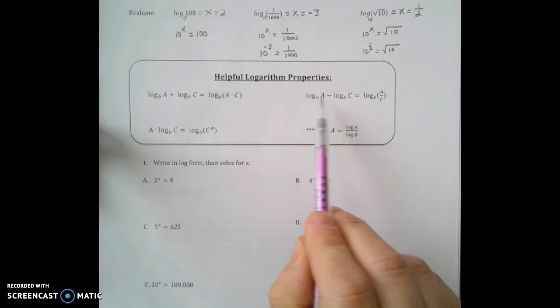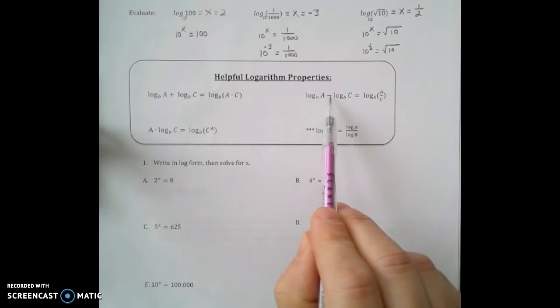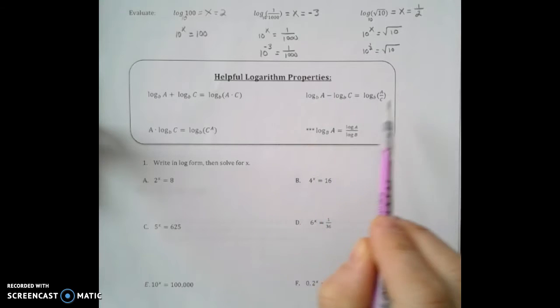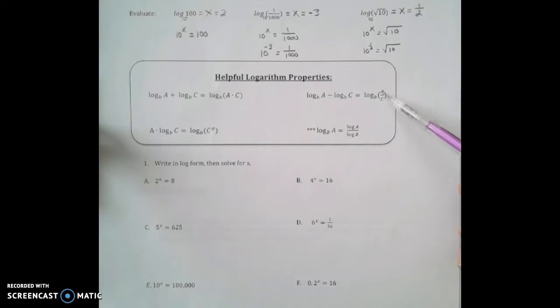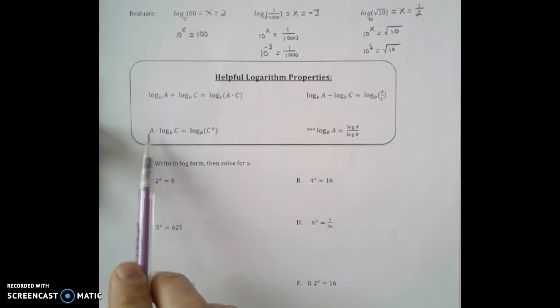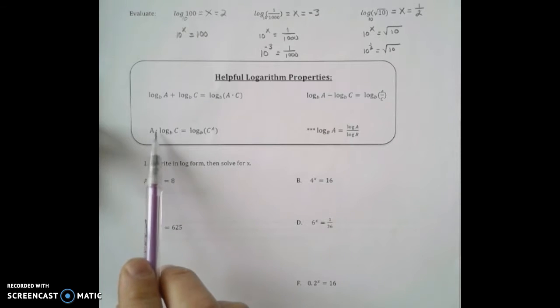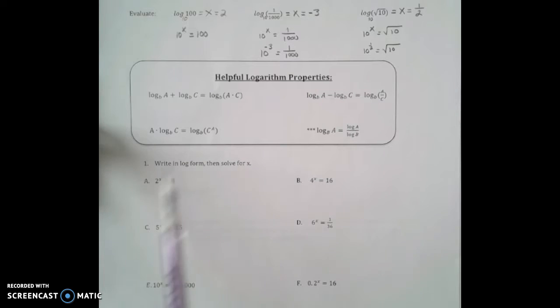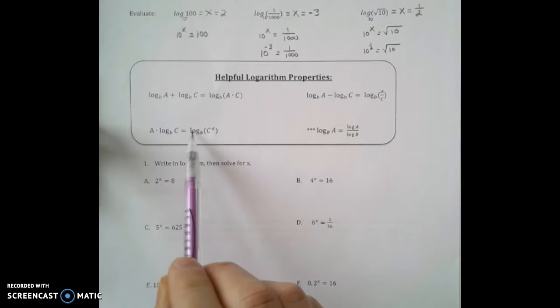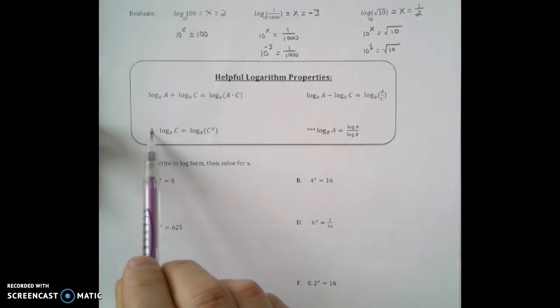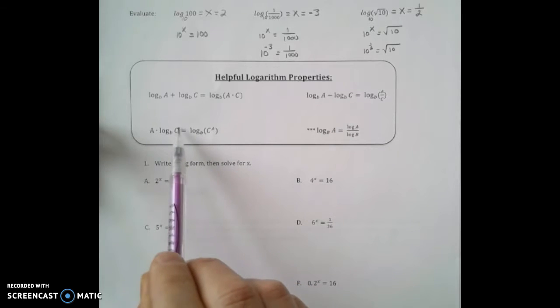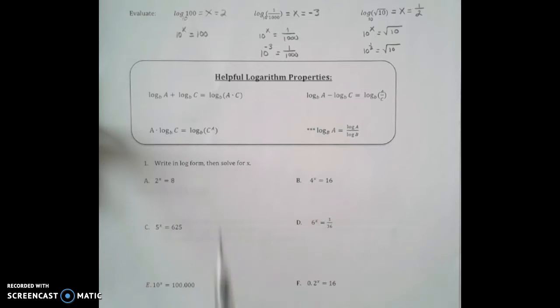Once again, if I've got the same base and I'm doing a subtraction, log base b of a minus log base b of c is equal to a logarithm of base b of the quotient a divided by c. If I have some number multiplying a logarithm, a times log base b of c, I can just rewrite this as logarithm base b of c raised to the a power. Whatever this number is here becomes the exponent of that value c.